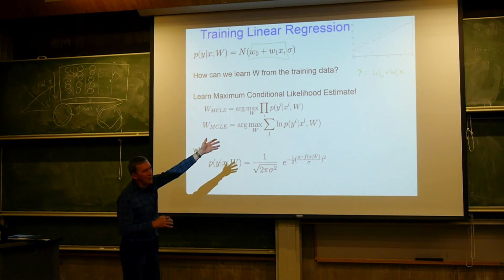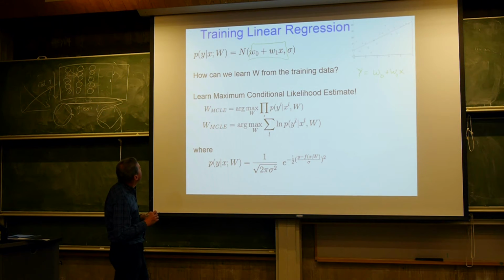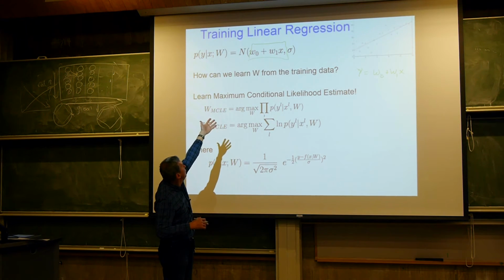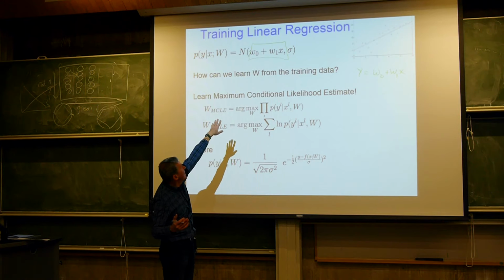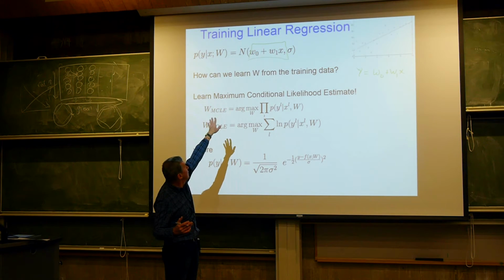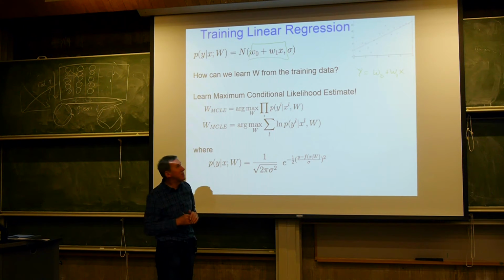Linear regression: we're going to estimate a linear function. And so now my probability of y given x is just a normal distribution whose mean is f of x, that is the true w0 plus w1 times x, and whose variance is sigma.